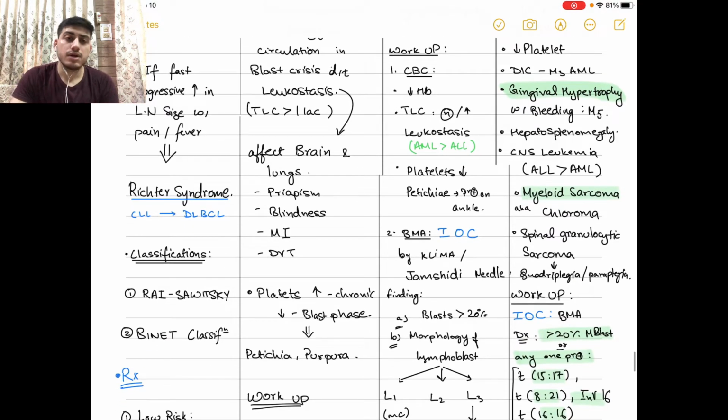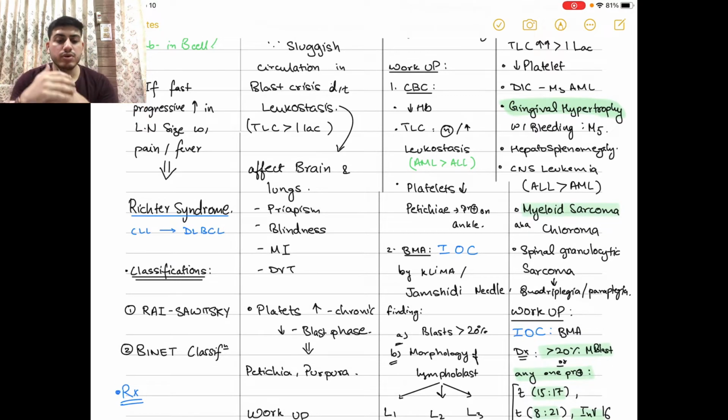Apart from that, it's chronic, right? So first the growth is very slow, gradual, but eventually a time will come when the spread speeds up, or the spread is now very fast. In that case, if the progression of the cancerous cells is fast, the lymph node size will start to increase.